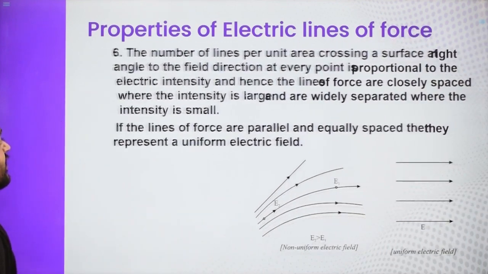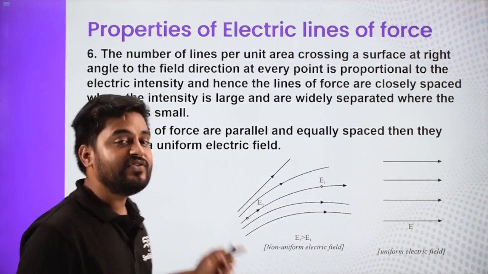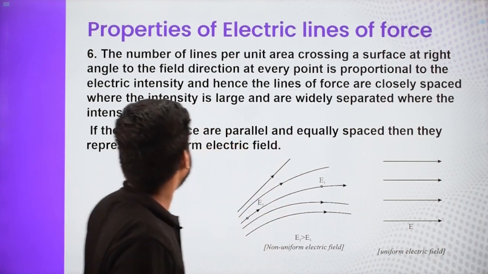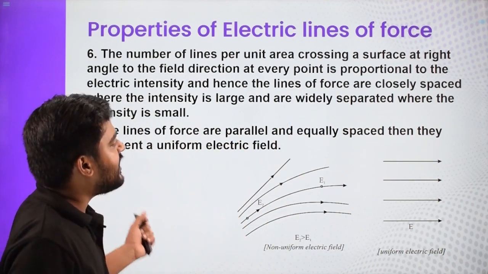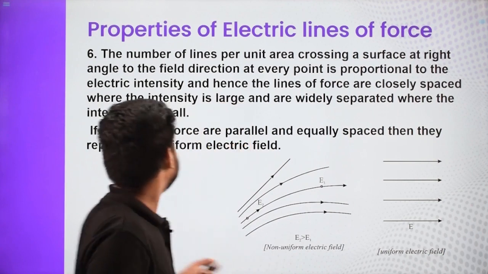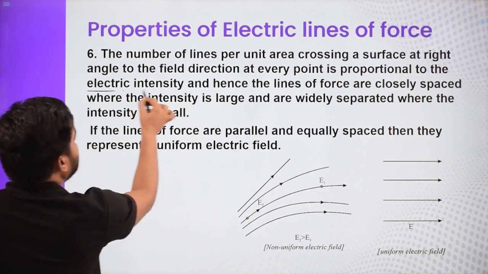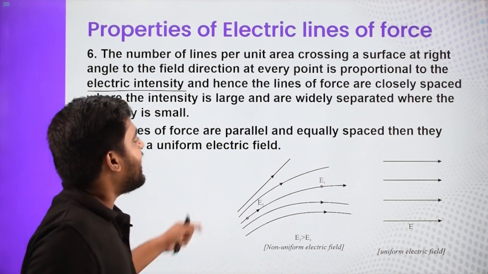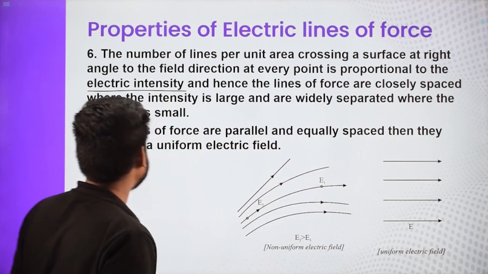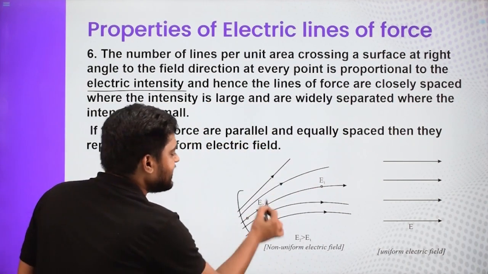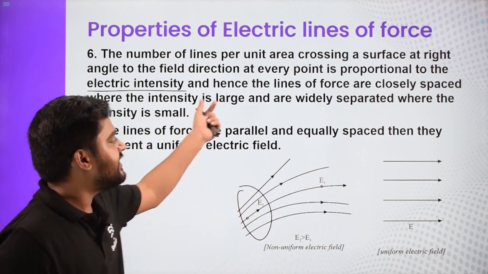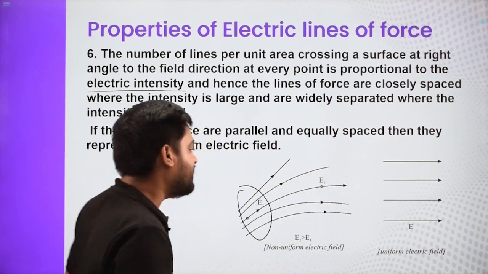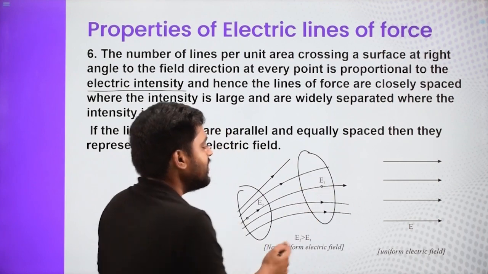Now next, the number of lines per unit area crossing a surface at any point is proportional to the electric field strength or electric field intensity at that particular point. And hence the lines of force are closely spaced where the electric field intensity is higher, and widely separated where the electric field intensity is lesser.